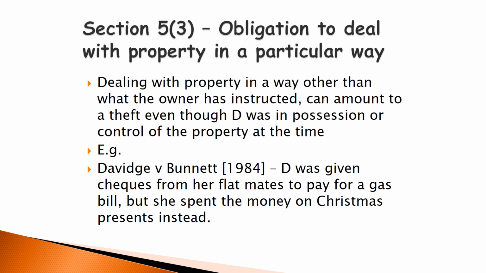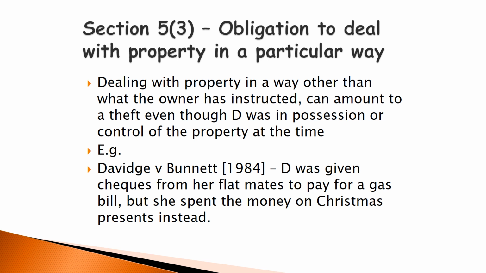But there are two key things here, because you can come into possession of an item, but you may have an obligation to deal with that item or property in a particular way. And if you don't, you could be guilty of theft. And that's under section 5, subsection 3.